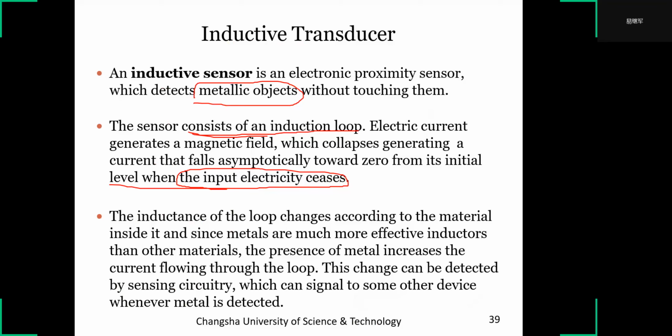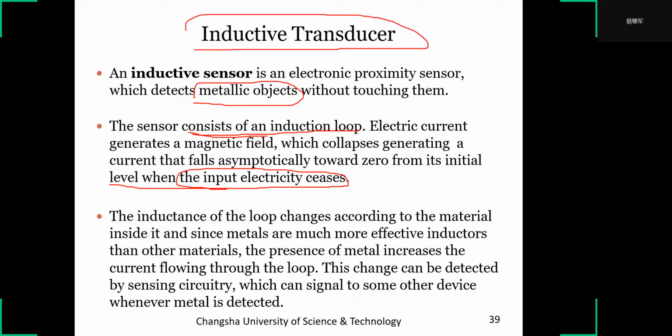As we know, the core of an inductor is the metal core. The metal core can change the inductance.